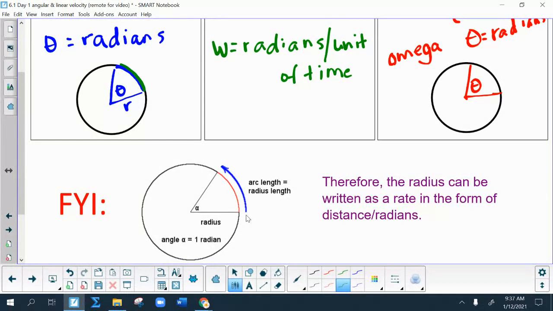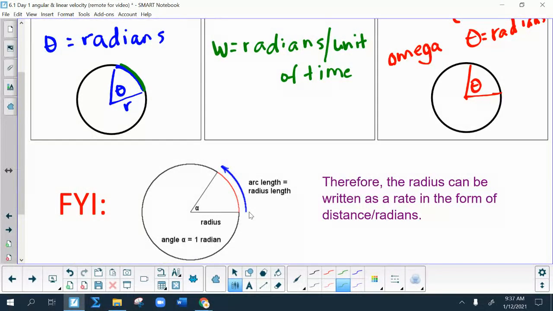So 1 radian would come from taking an arc length and dividing it by the radius. Any radian measure comes from that same method. Because of that, you can think of a radius also as being a rate, a distance divided by radians.